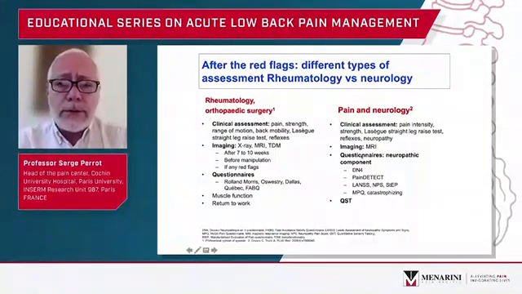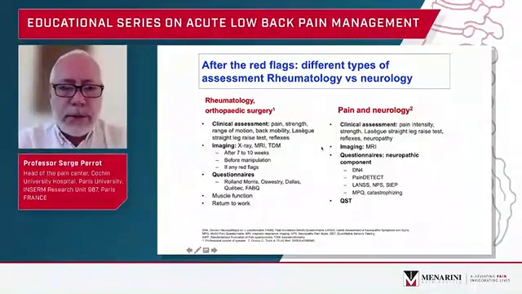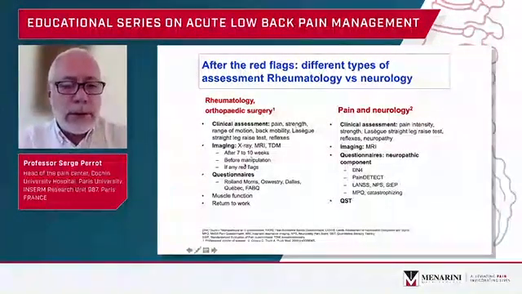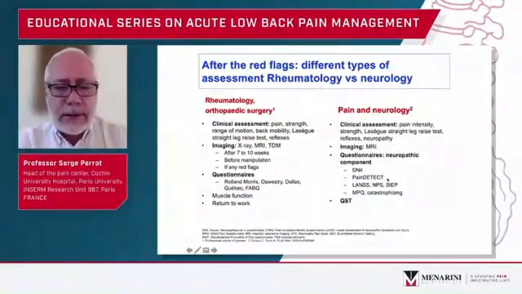So according to the specialties, there are different approaches, but we should say that the best approach is combining these two approaches, looking both at the function, the pain, but also the pain mechanism.